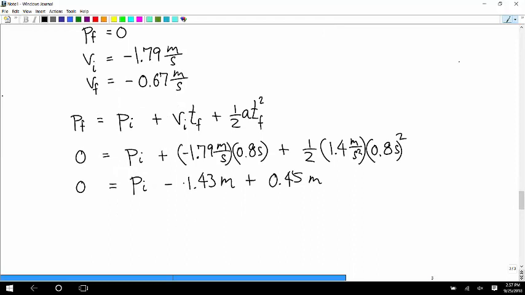And so if you add 1.43 to both sides and subtract 0.45 from both sides, you get that P initial is equal to positive 0.98 meters. So what that's saying is that the position of the ball at time equals 0 is 0.98 meters down the ramp from our 0.